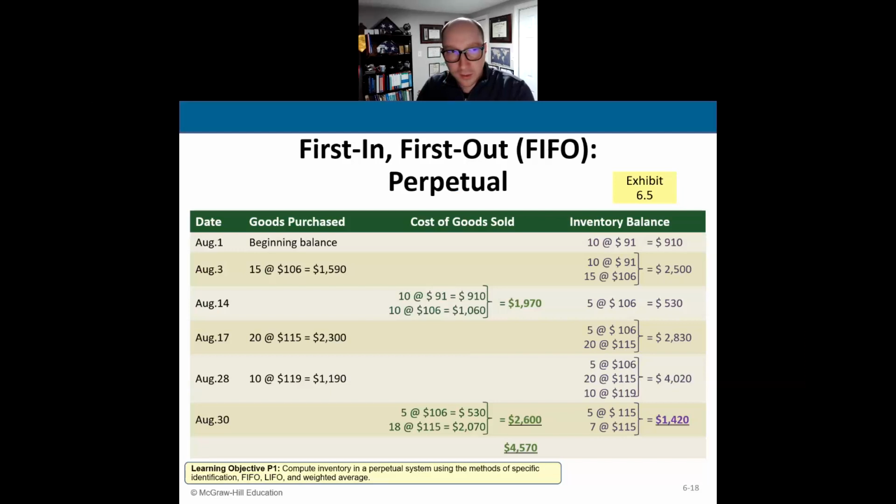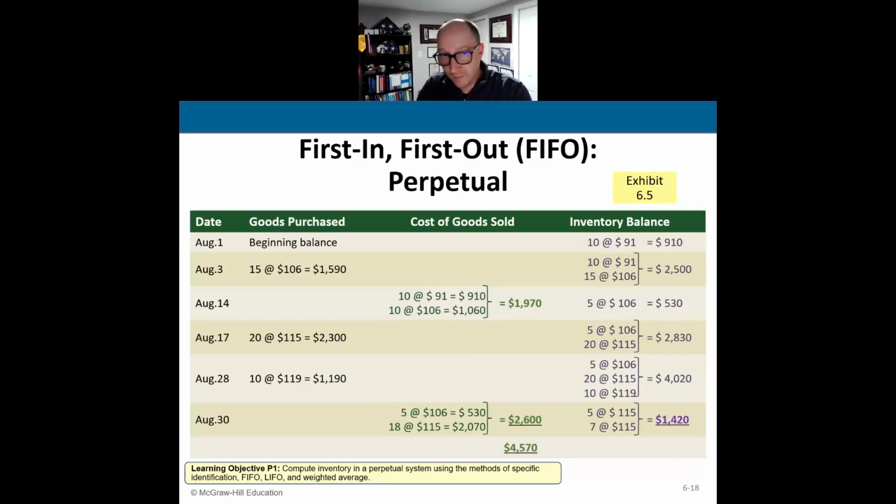I started the month of August with 10 bicycles at $91 a piece. I purchased an additional 15 on August 3 at $106. That brings my total inventory up to 25 bikes, right? At a value of $2,500. On August 14th, I made some sales.